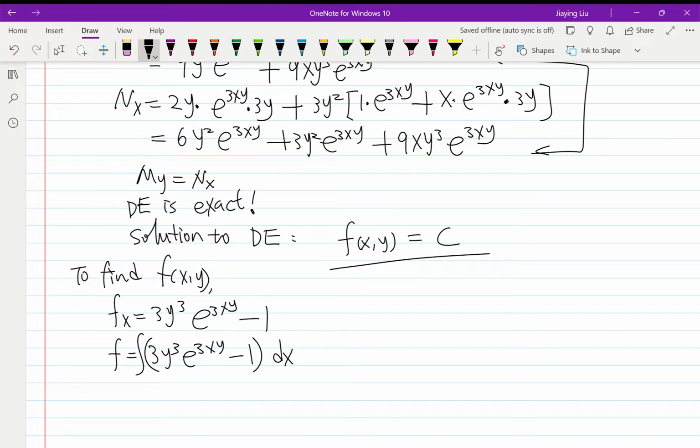The benefit of this one is that we integrate with respect to x. This is the only x we have, so the y here, the 3, we can treat as a constant. Don't worry about it. Only worry about this x. So integrate. That's going to be 3y cubed integral e to the 3xy dx minus integral 1 dx.